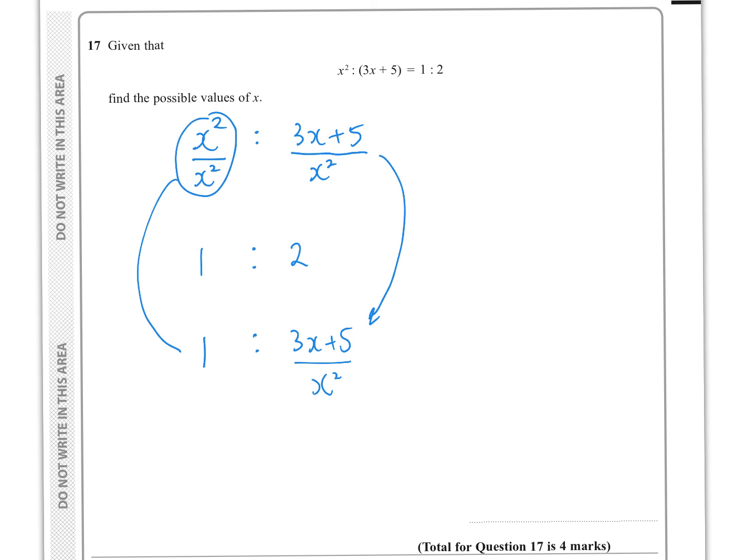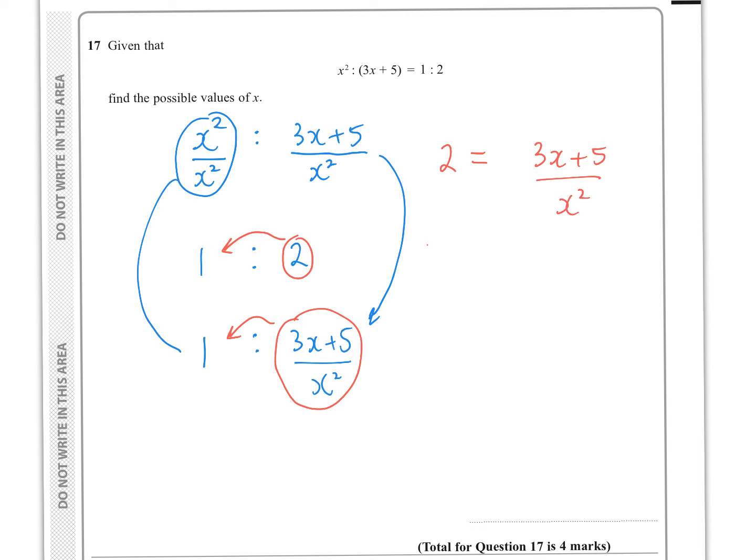So from here you can now say, because they're both in the ratio to 1, that these two things here are equal. So we can say that 2 is equal to 3x plus 5 over x squared.